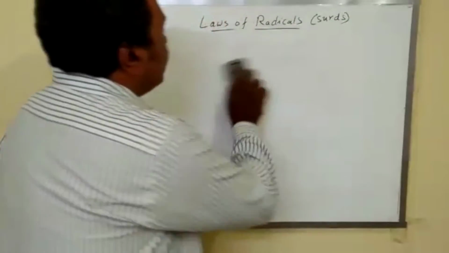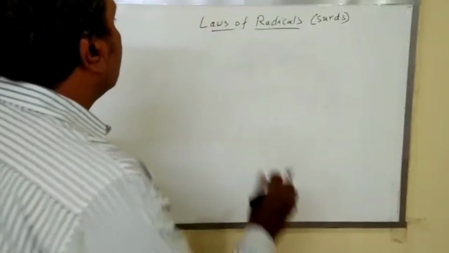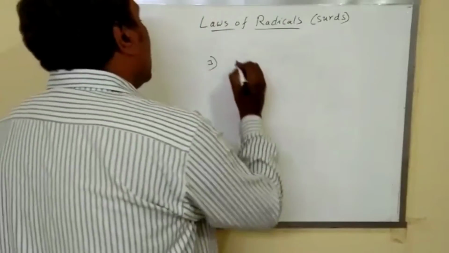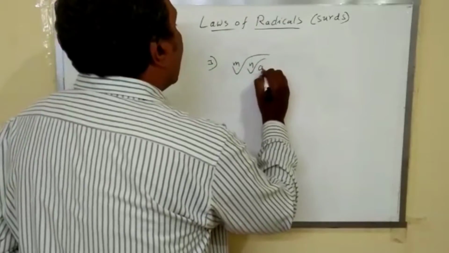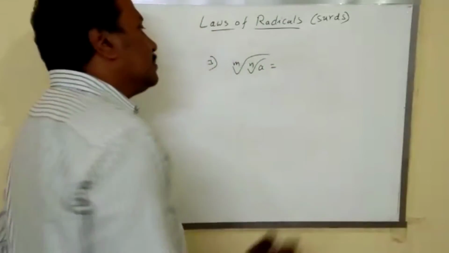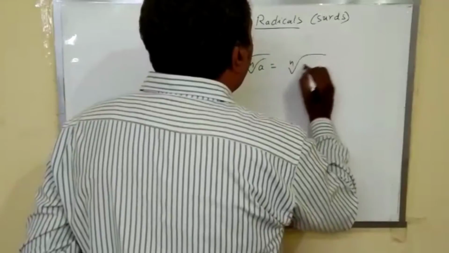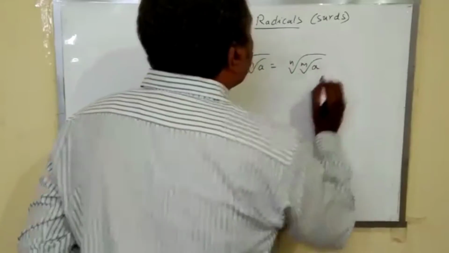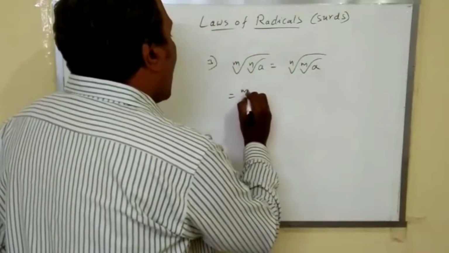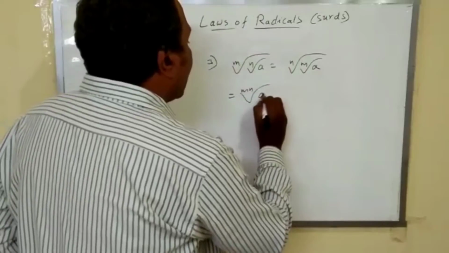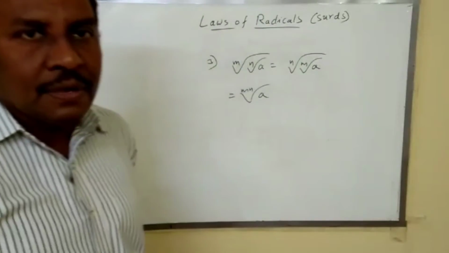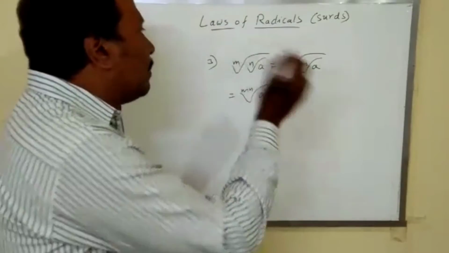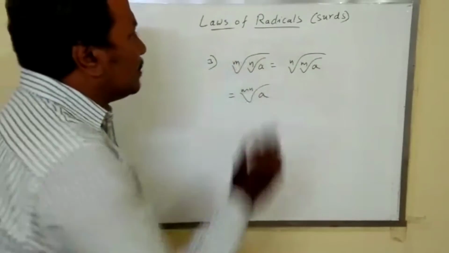Come to the third law. Third law. Mth root of nth root of a is equal to mnth root of a. Mth root of nth root of a or nth root of mth root of a, both are equal.